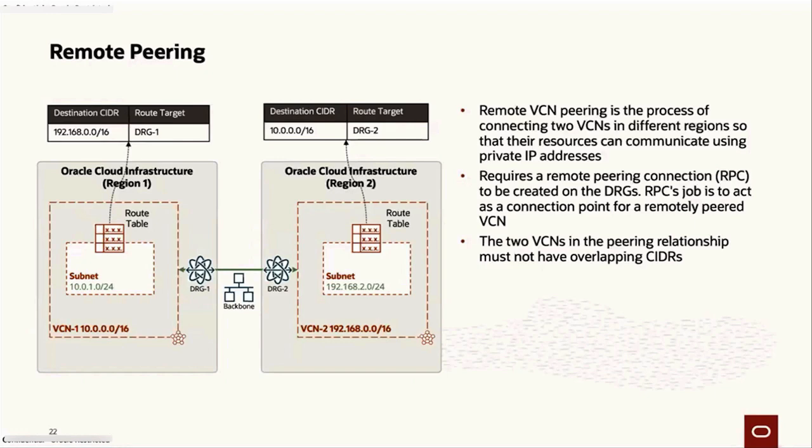Then both the DRGs are paired together to create a remote peering connection. This inter-region traffic traverses the Oracle backbone. And like local peering, the two VCNs in the peering relationship must not have overlapping CIDRs.